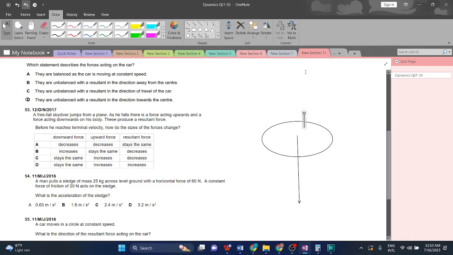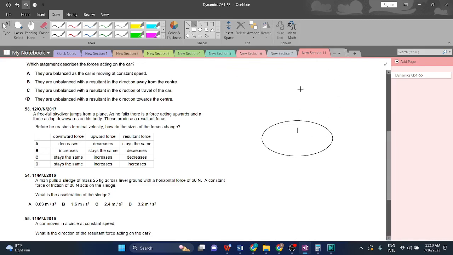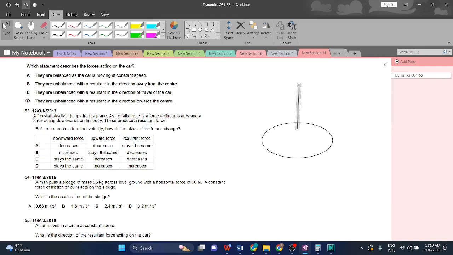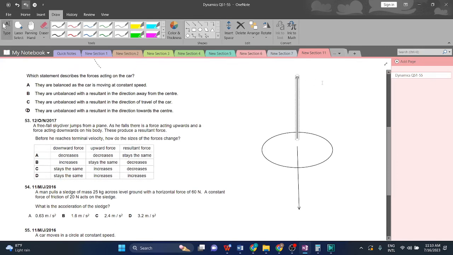But आहिस्ता आहिस्ता what happens is जब speed increase होती है तब resultant force starts to decrease and the weight starts to become equal to the air resistance. So when the air resistance becomes equal to the weight, there is no resultant force.